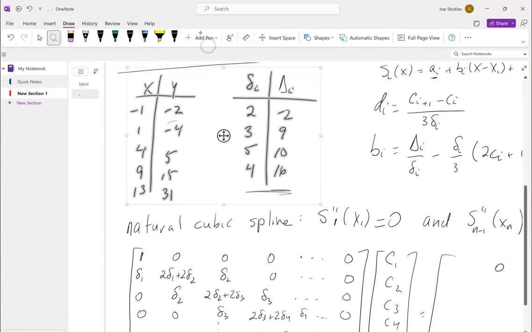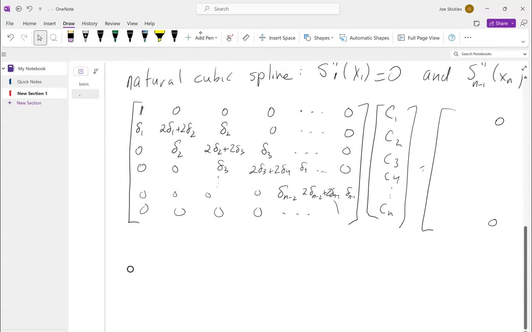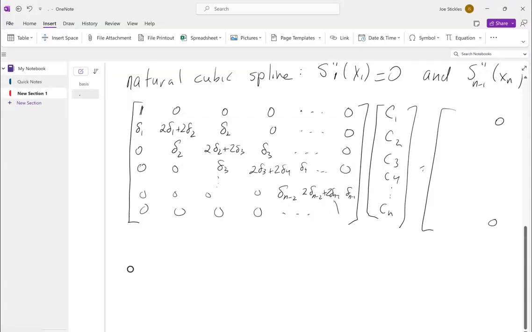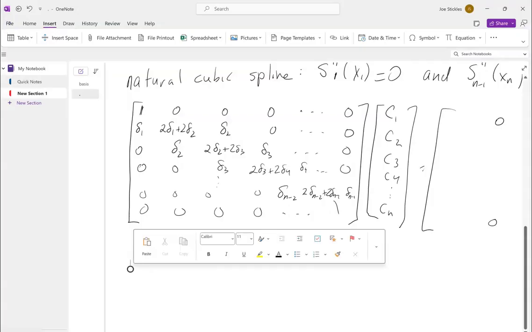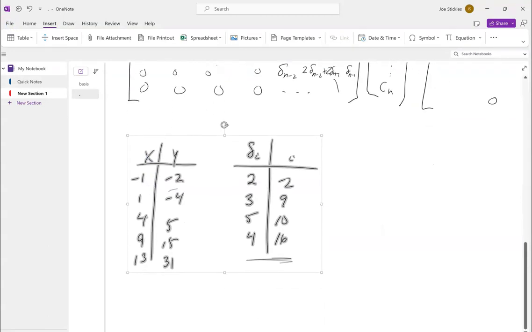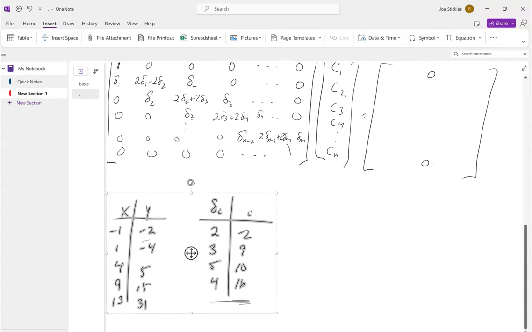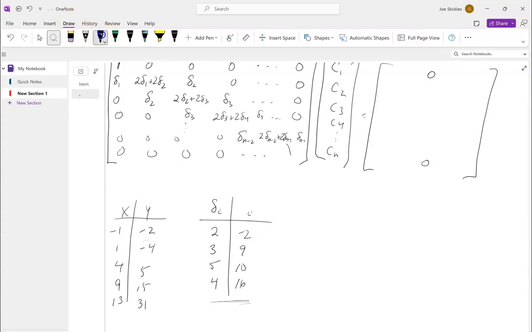Where's my paste button? Paste. There we go. Cool. All right, here are my points and my deltas. I lost my capital delta there. There's my capital delta, right?